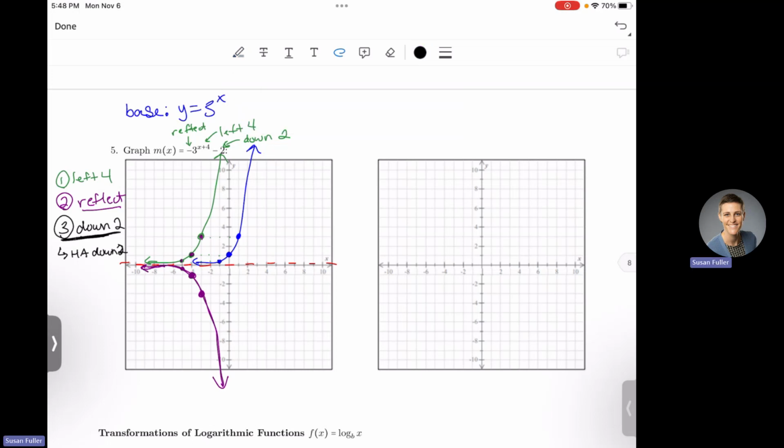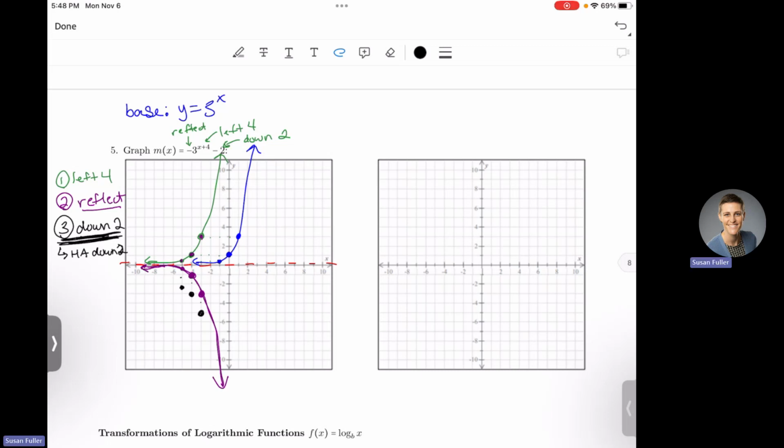And the last thing that I'm going to do is take this entire thing and shift that purple one down 2 units. So I'm going to take each point and go down 2. 1, 2, 1, 2, 1, 2.